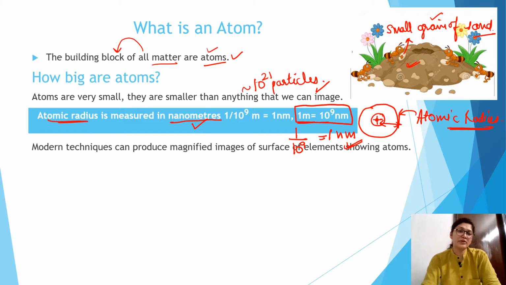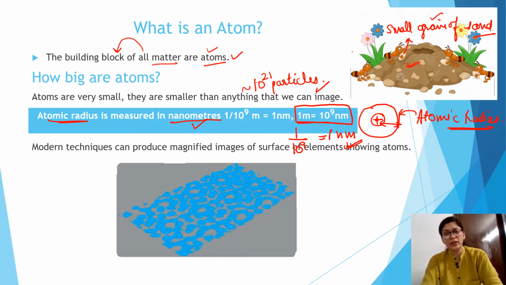Many modern technologies have come today to see the magnified image of elements showing the various atoms. But even in this picture, because there are so many atoms in a single element, the picture looks very blurred.